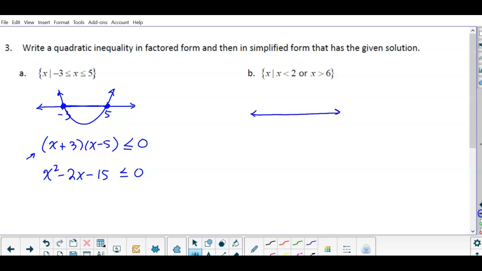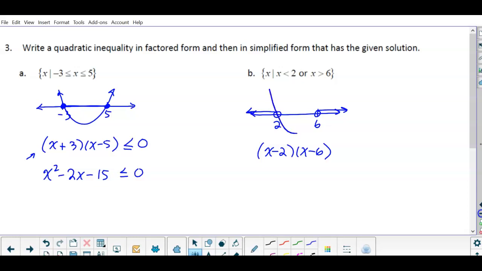Next one, so x-intercepts of 2 and 6. So our solution graph looks like that. That's like the arms of a parabola. When we write out our factors, we need to think about when are the arms. If I do this opening down, then it's for everything that's below the x-axis.